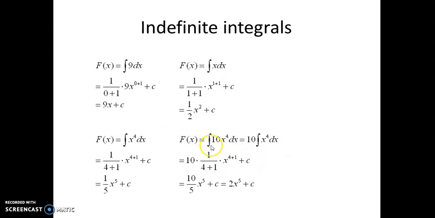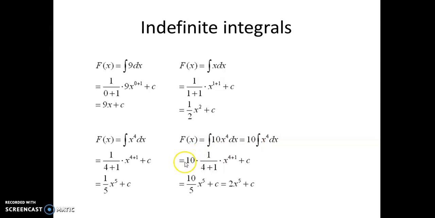One more. Here we've got f of x is equal to the indefinite integral of 10x to the power of 4 dx. Here we've got a constant. So we take the constant in front of the integral sign. So first deal with the function, then multiply it by the constant.